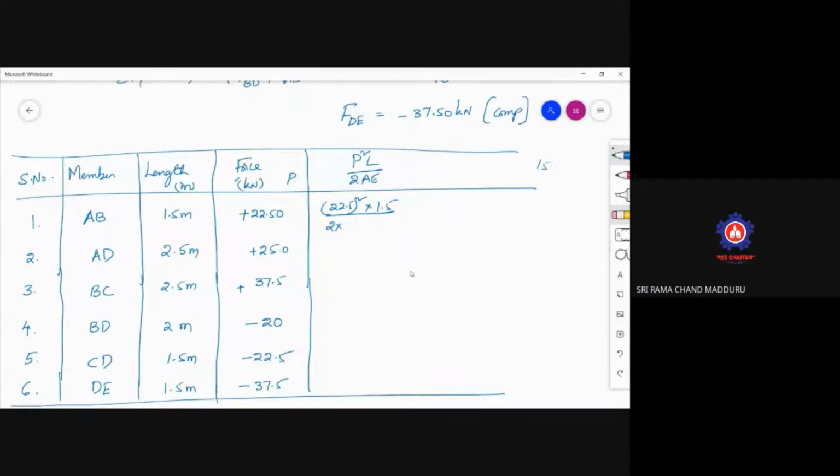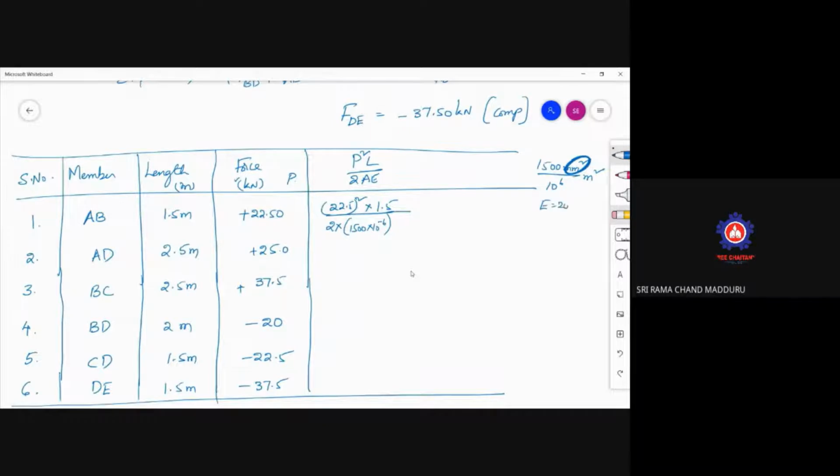So 1500 mm square by 10 power 6, you will get the units in terms of meters, which is 1500 into 10 power minus 6. That is the area of the cross section.